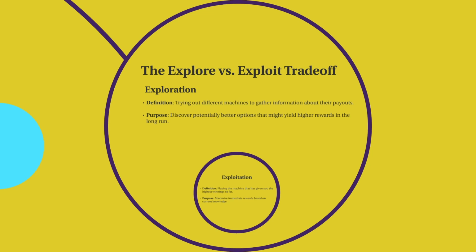But you can explore forever. At some point, you have to make a decision. And that's the tricky part. Now, in our example of the casino, the exploration is trying different slot machines. The purpose of this is exploring in order to find your best possibility.